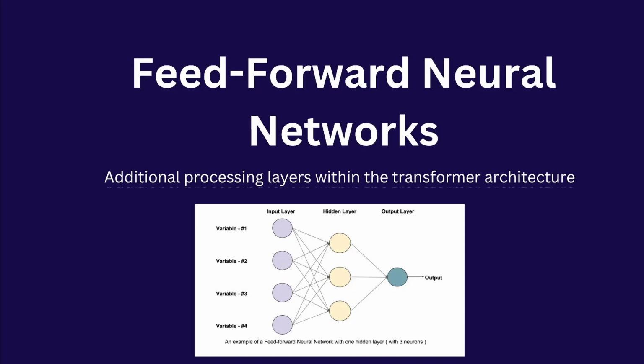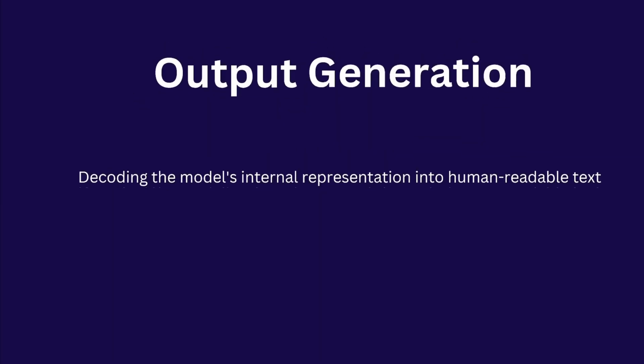These networks help the model learn more complex patterns, more complex relationships within the input, contributing to its ability to generate accurate, contextually relevant responses. All this will lead to the output generation.